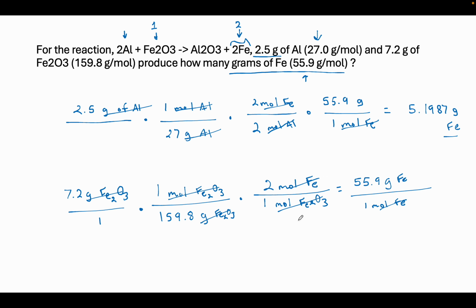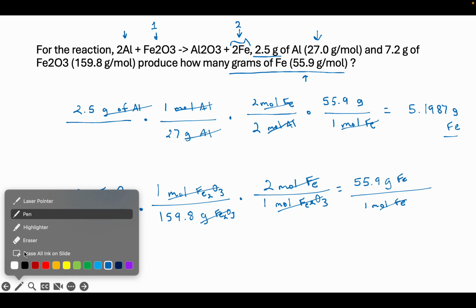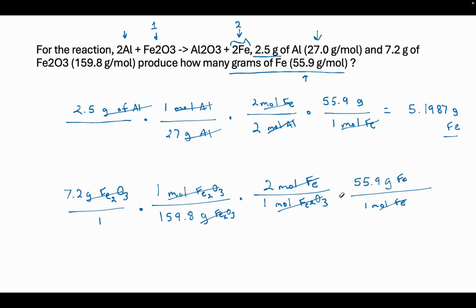Now we just got to do this whole process. So 7.2 over 159.8. You should get something like 0.045, something around there, times 2 over 1, which is just 2. And then that times 55.9. Hold on, I put an equal sign; that shouldn't be there.